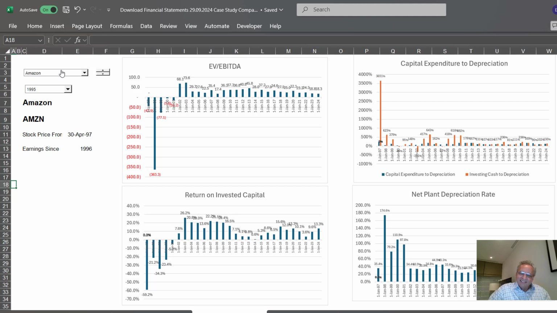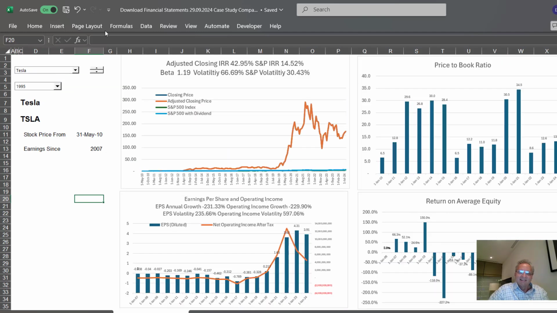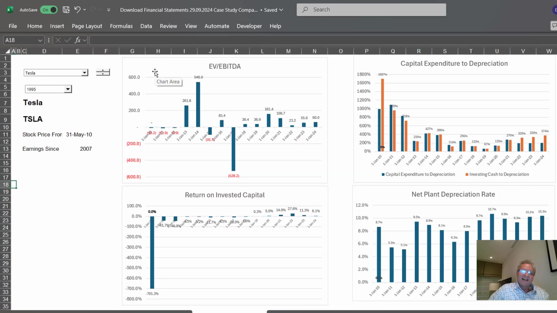I think a lot of these gigantic value companies who make Elon Musk, the richest man in the world. But what happened here is the same kind of thing. It went up, and then the whole market came down here, and then it kind of bounced back a little bit. And when it was really high, the EV to EBITDA ratio, maybe I'll start in 2018.